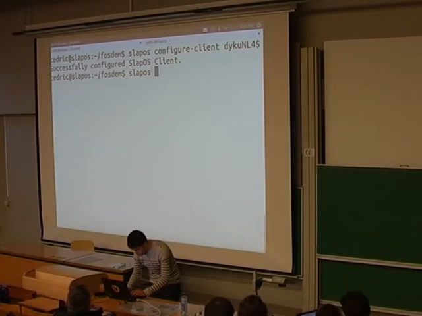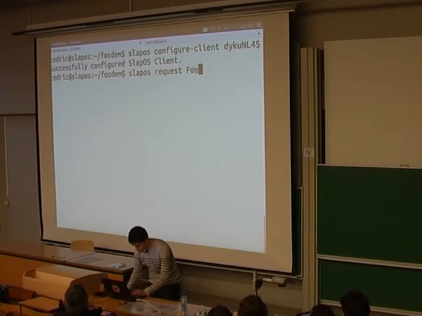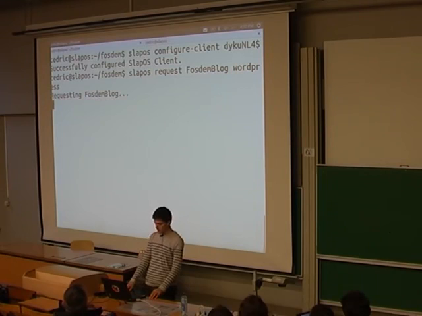So with slapos request, I will request an instance of a blog, for example, a WordPress blog. Maybe a FOSDEM blog, and this is a WordPress instance. It is requesting.